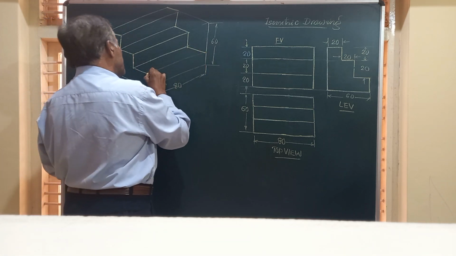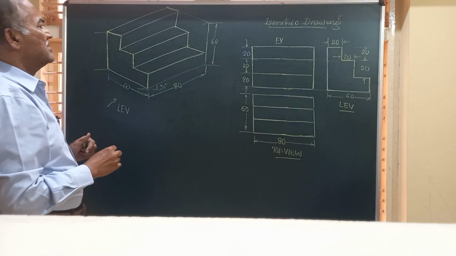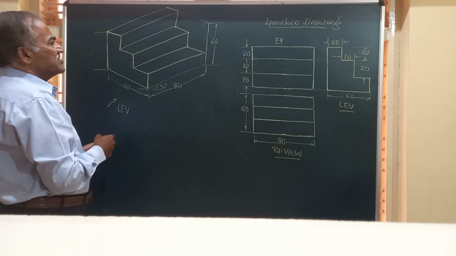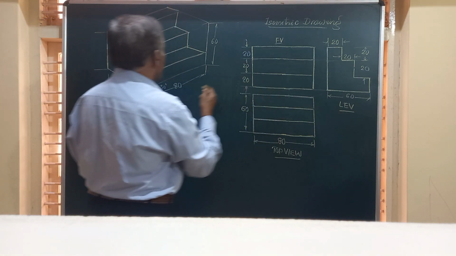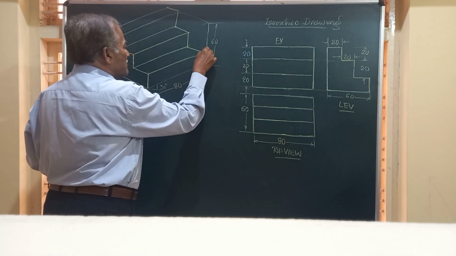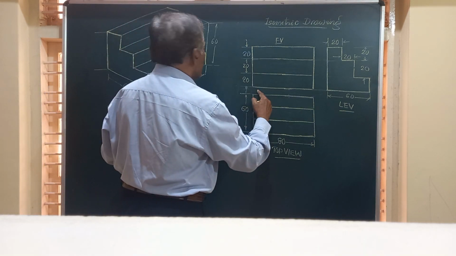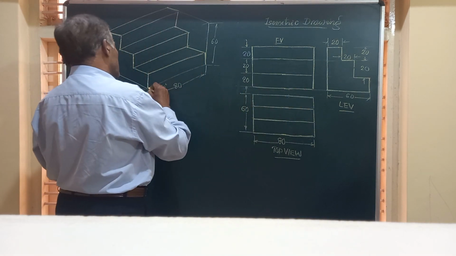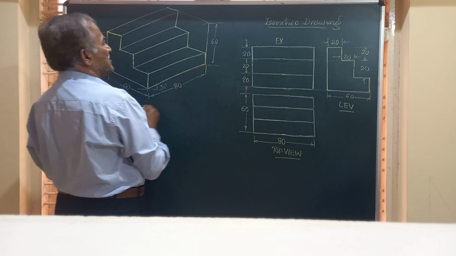And let us join these two ends of that line. And finally, this rectangle in the front view is this rectangle. Let me complete that by drawing a vertical line through that. And this bottom line in the front view is this. So let me draw that also and complete the projection.